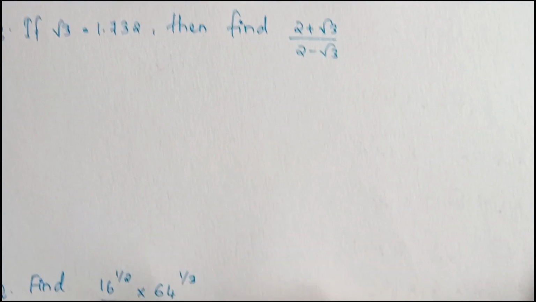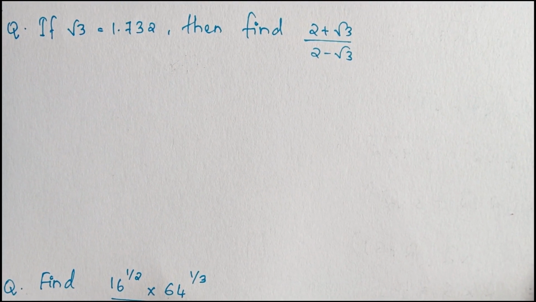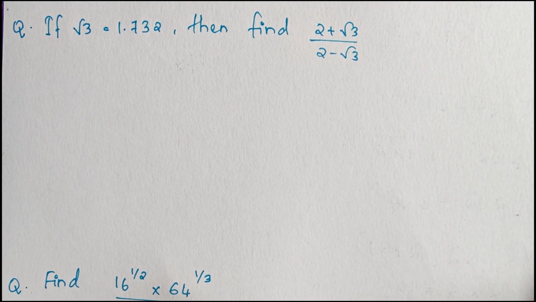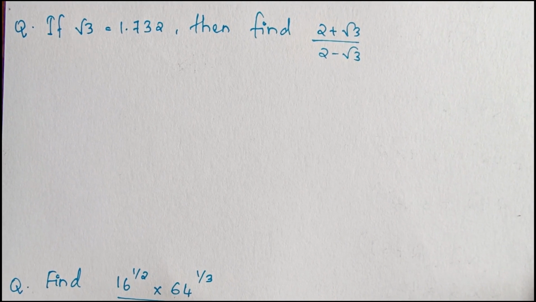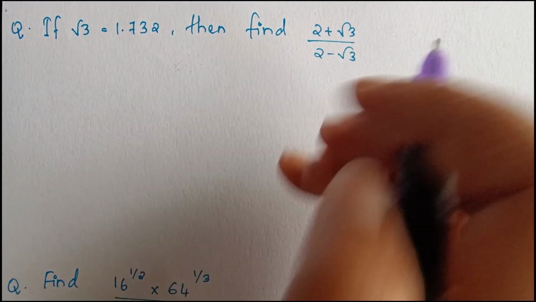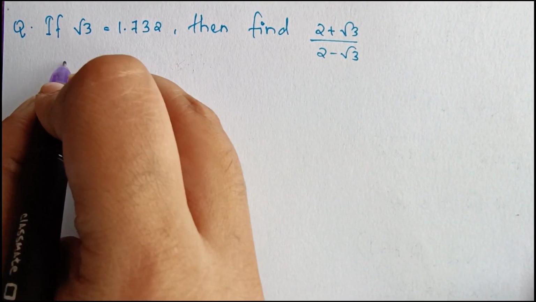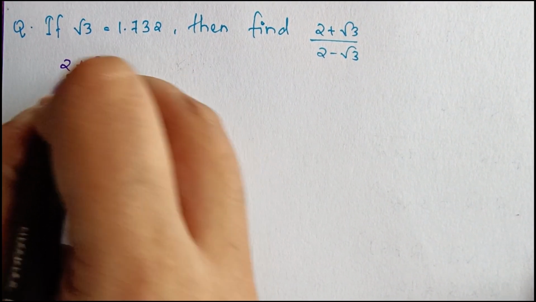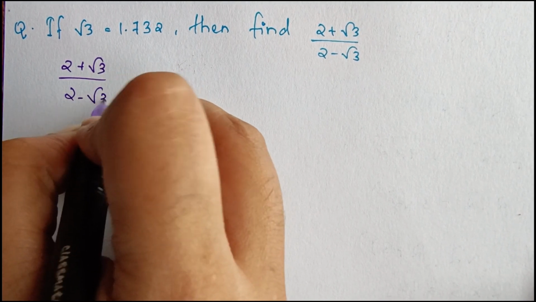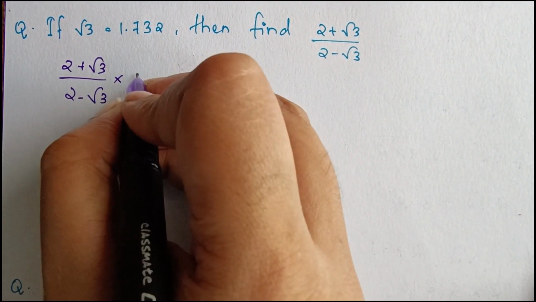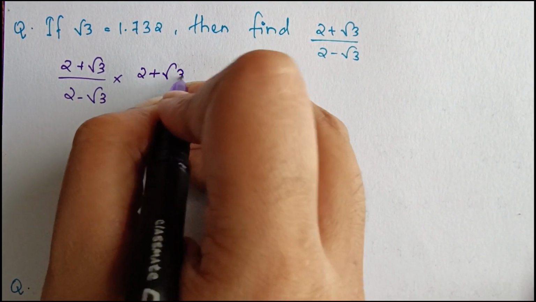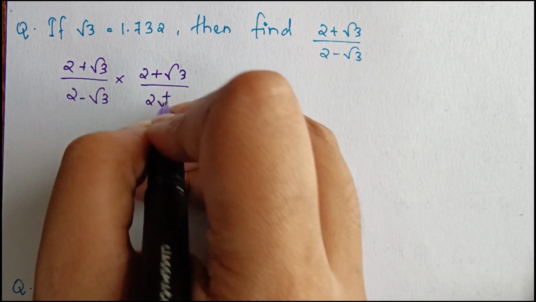Next question is, if root 3 is equal to 1.732, then find 2 plus root 3 divided by 2 minus root 3. So for such questions, you will need to multiply that number 2 plus root 3 divided by 2 minus root 3 into, here it is negative, so positive 2 plus root 3 divided by 2 plus root 3.